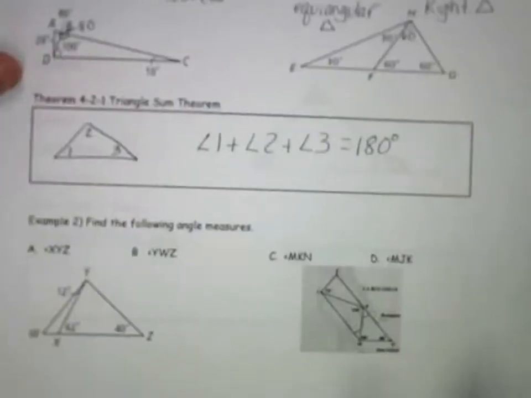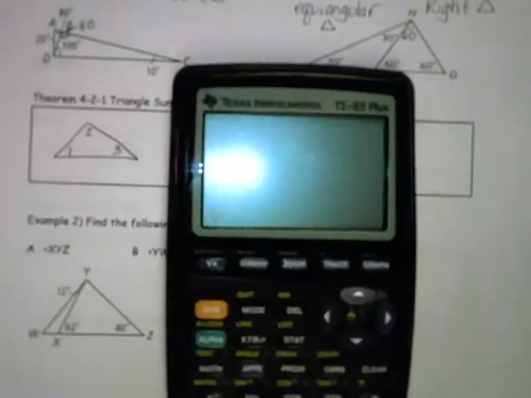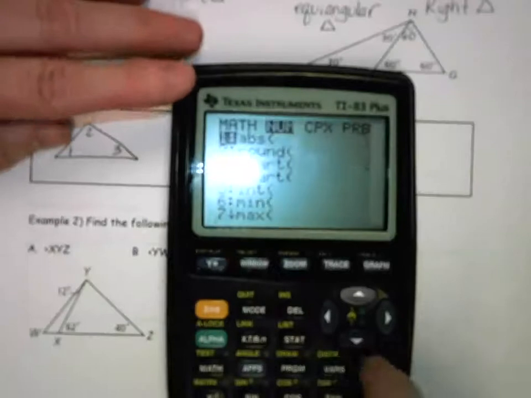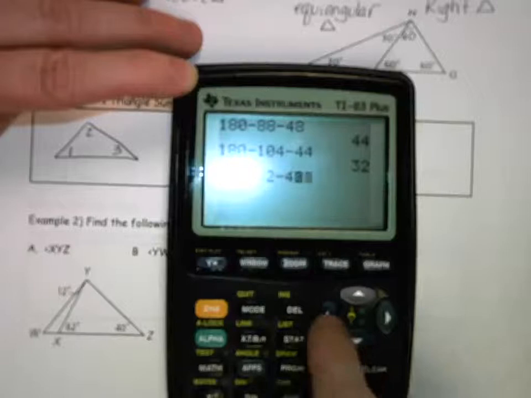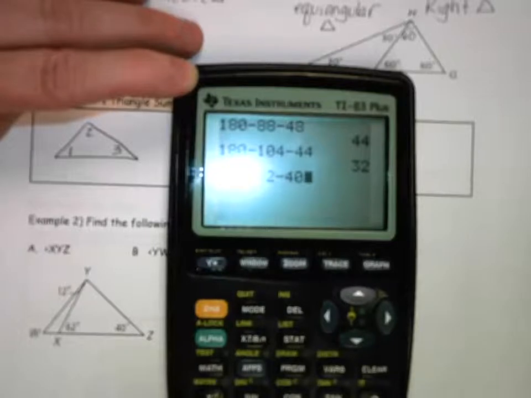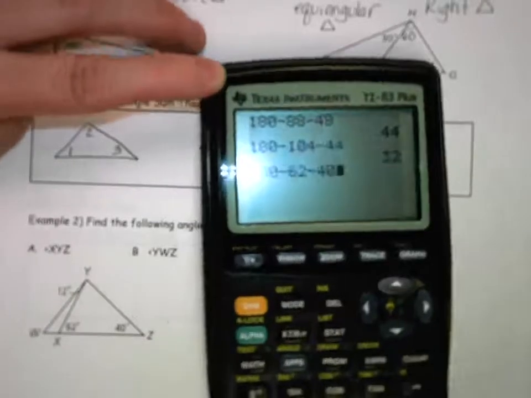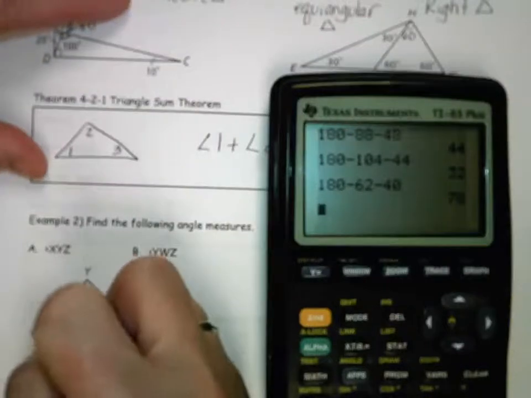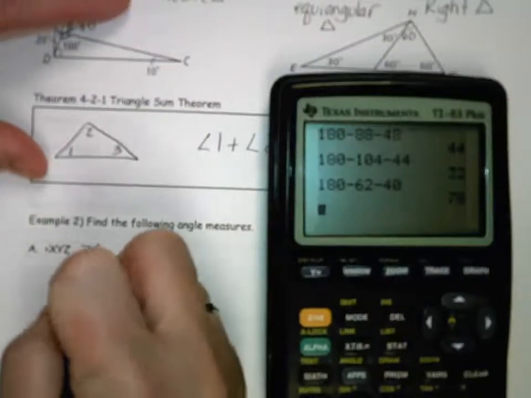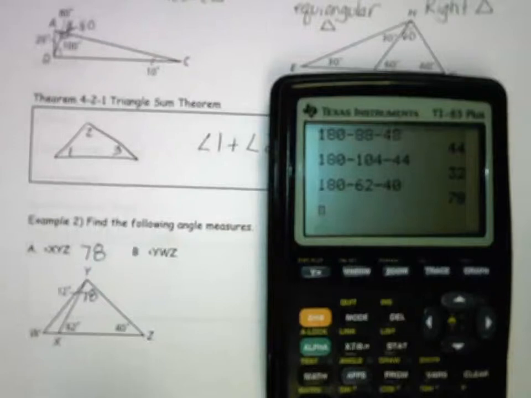And down here we need to find some angle measures. Angle XYZ. Well, if we use triangle XYZ, we can do 180 minus 62 minus 40, the whole triangle, and we subtracted those 2, and that makes this angle right here 78 degrees.